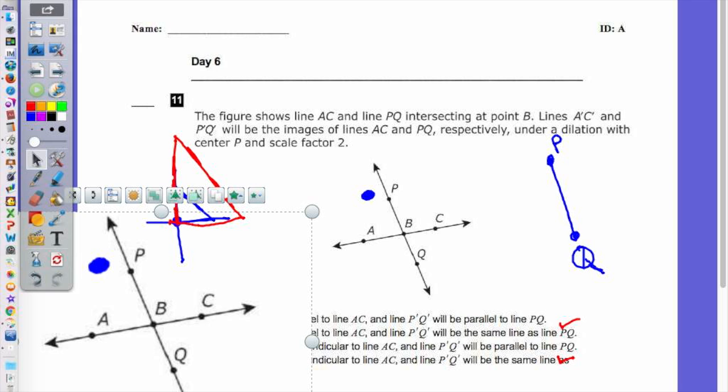Because it's parallel. If I move this twice the distance away from P, instead of being here, it's being here. It's still parallel to where it started. PQ just like PQ, that makes sense. It doesn't move. First of all, as I said, it's a bad example because it says it's a line.